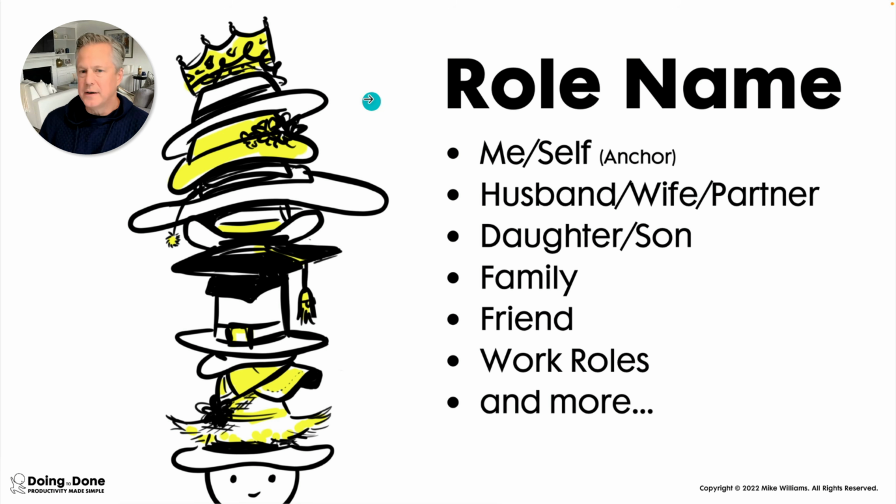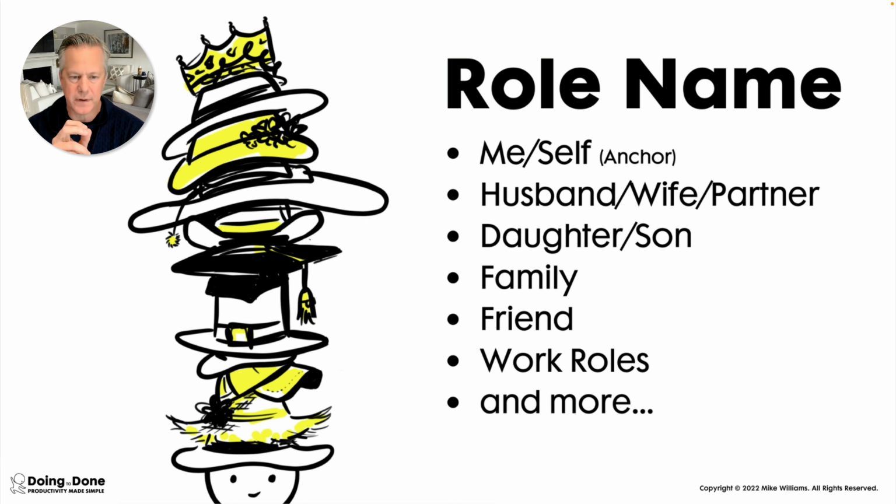So in my life, I have these different roles. I'm a husband, I'm a son, I have family, friend, and I have my work roles. So I'd like you to take a minute and write down the roles that you're holding in your life.